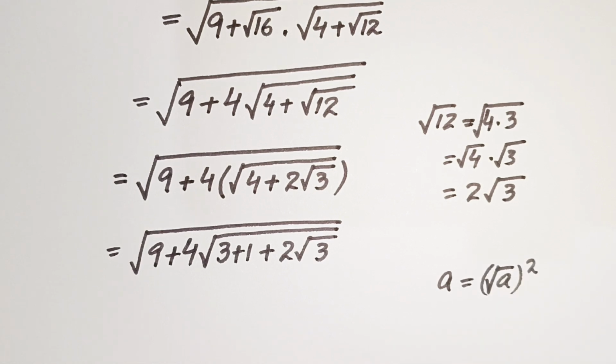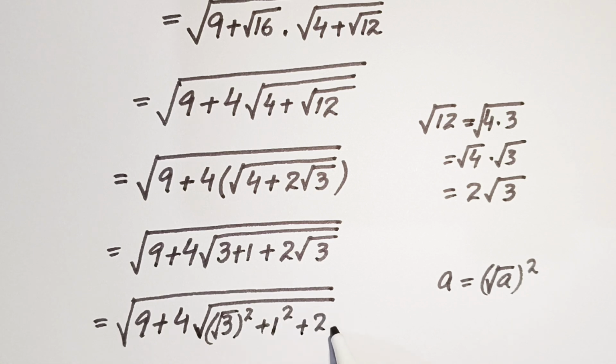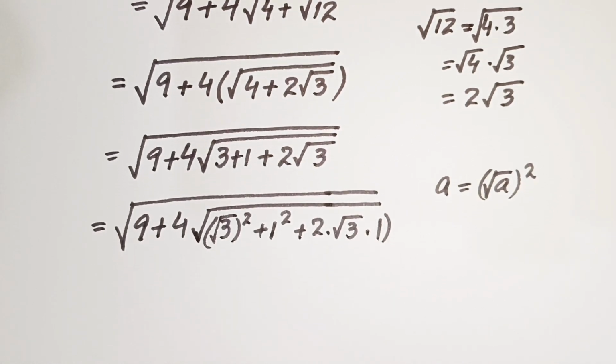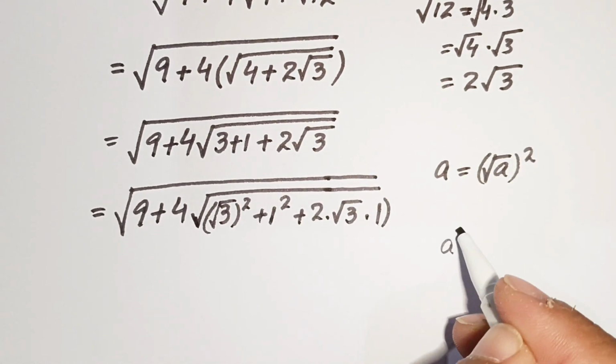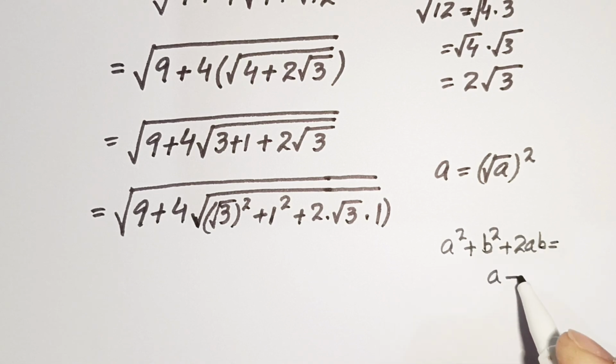Then we write this 3 in this form: square root of 9 plus 4 times square root of 3 whole squared plus 1 squared plus 2 times square root of 3 times 1. So here we use our formula: a squared plus b squared plus 2 times a times b is equal to a plus b whole squared.